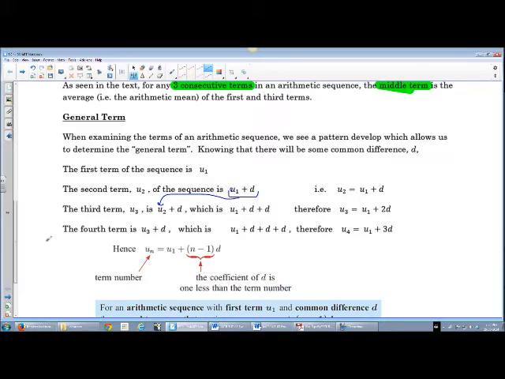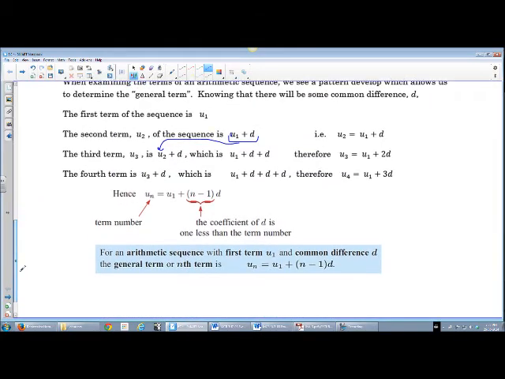Once we simplify that, the term number is n. The general term, u sub n, equals the first term plus n minus 1, the term number minus 1, multiplied by the common difference d. As we can see, 3 is 1 less than 4, 2 is 1 less than 3, and 1 is 1 less than 2.